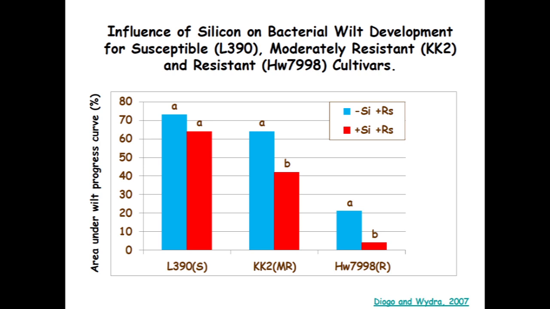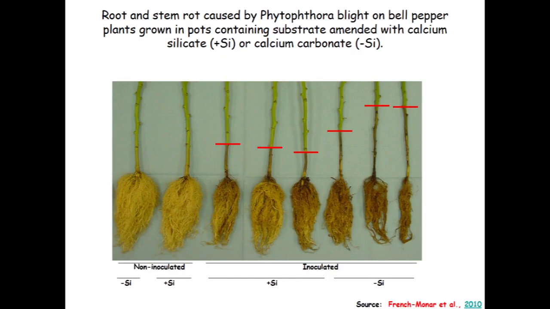And as you see, the more resistant the cultivar is, silicon seems to enhance that resistance. Phytophthora, this is on peppers, and you can look in the middle where you see plus silicon versus minus silicon, and this is a crown and root rot pathogen, and you can see that the progression up the stem is much less, and the impact of the pathogen on the roots is much less in comparison to the non-amended control.